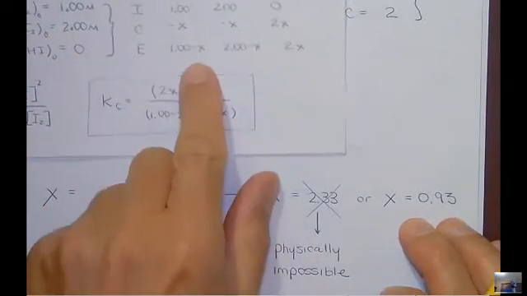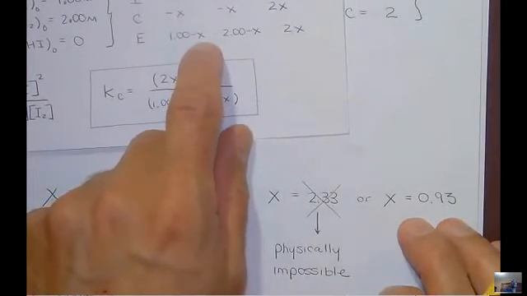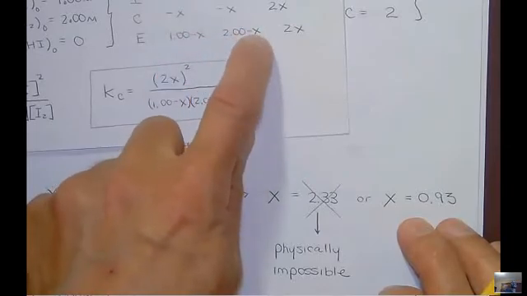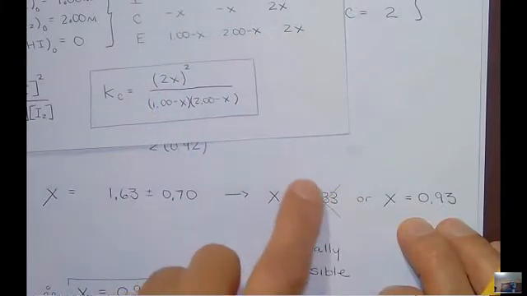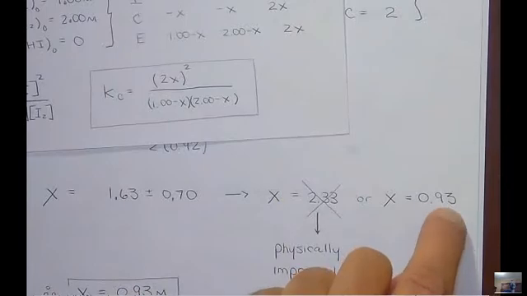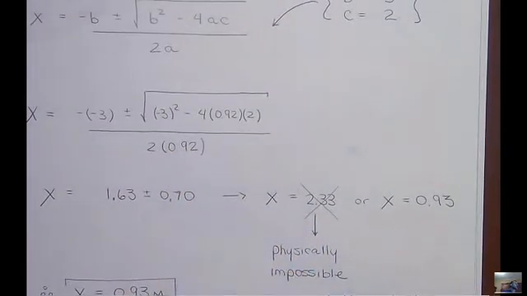The lowest they can ever go to is 0. So if x works out to 2.33, x cannot be bigger than the thing that you're subtracting it from, okay? Doesn't even work out in this one. It doesn't work out in either one. So I throw this one out. It's physically impossible, and x has to be 0.93, the negative root, the root in which I subtract.